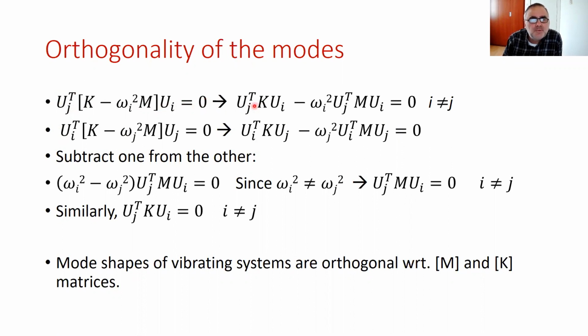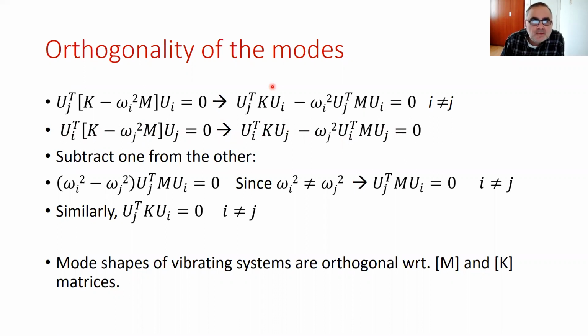You open it up: uj transpose K ui, where j and i are not the same, minus omega i squared uj transpose M ui. And you take the eigenvalue problem with the jth eigenvector and multiply it with ui now. You get another opening, like this one.